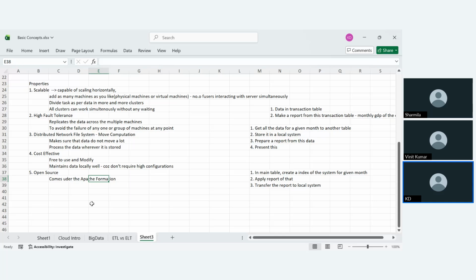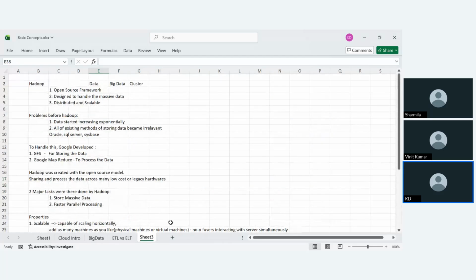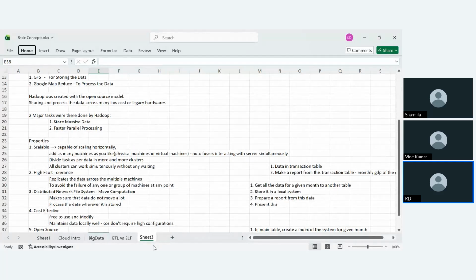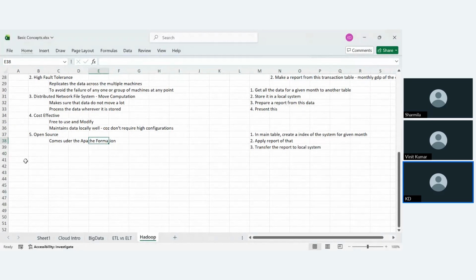Okay. So now next we'll discuss the Hadoop ecosystem. There are a few Hadoop ecosystem terminologies that we'll discuss.